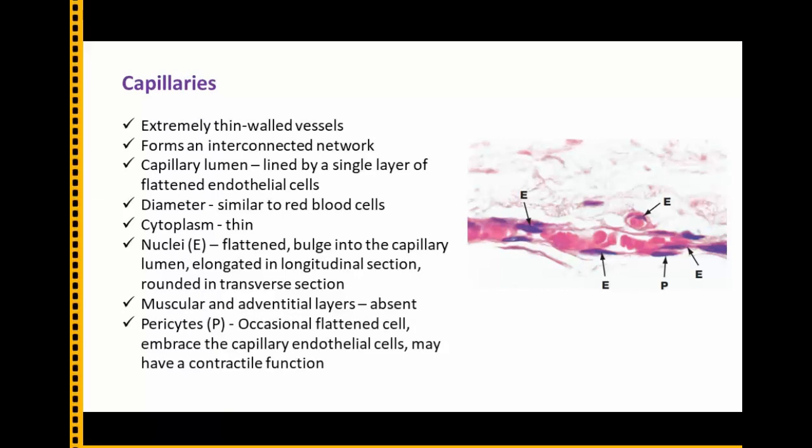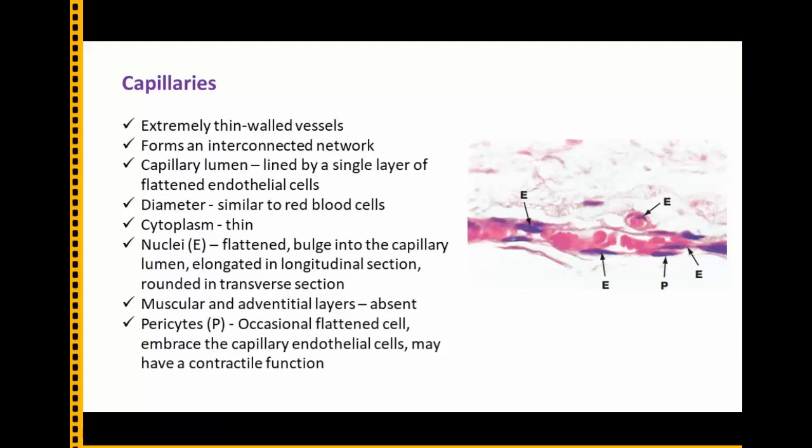Then the most important part, capillaries. This is the structure of a capillary wall. You can see the endothelial cell, this one, and it is an extremely thin-walled vessel, so you can have gas and other molecule exchange between the tissues and the blood.